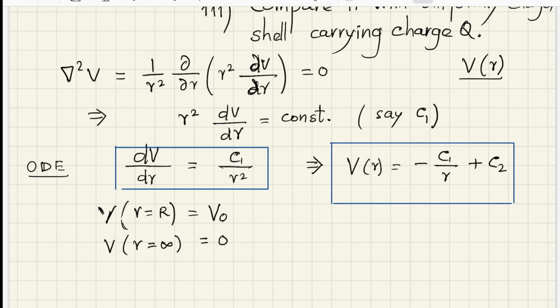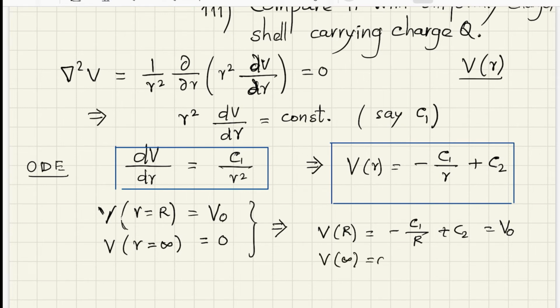That will fix our C1 and C2. So V of r is equal to minus C1 by r plus C2, which at r equal to R is equal to V naught, and V at infinity being 0 would give you simply C2 equal to 0.